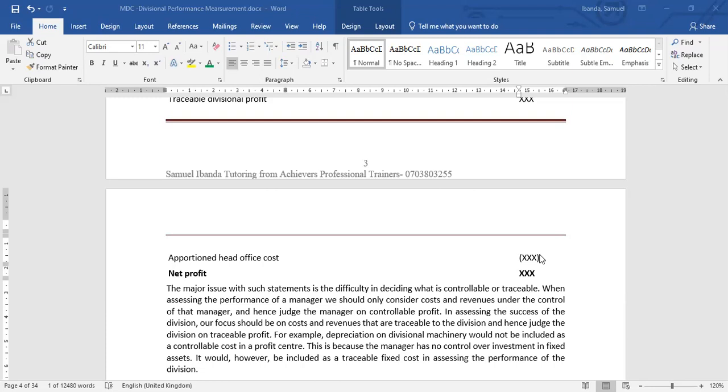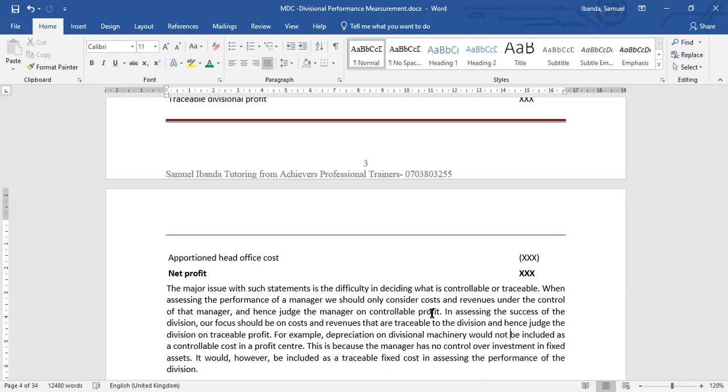So that is one element when it comes to evaluating a profit center, okay? And then we're able to get our net profit. So what we are also saying here is that one of the challenges when it comes to controllable versus traceable is that there's some element of judgment that we basically have to make.